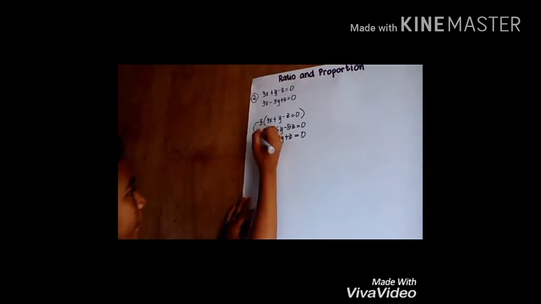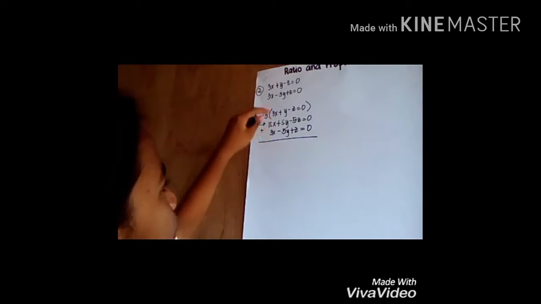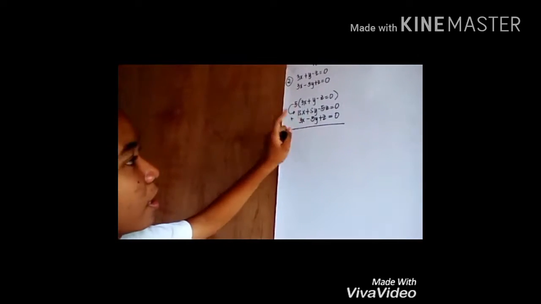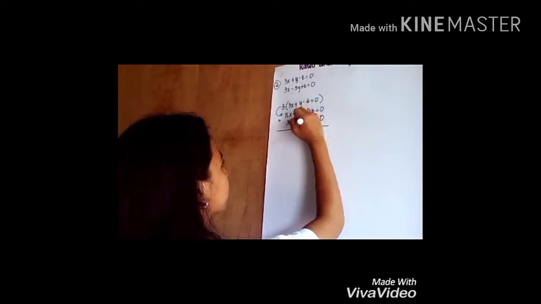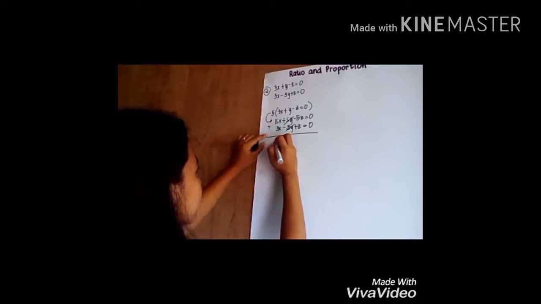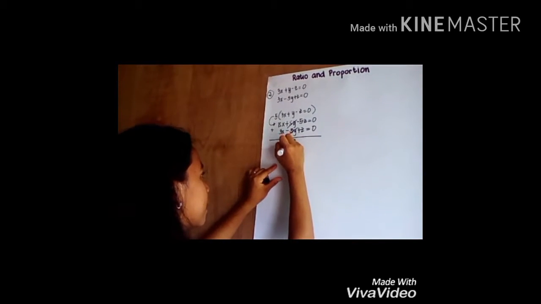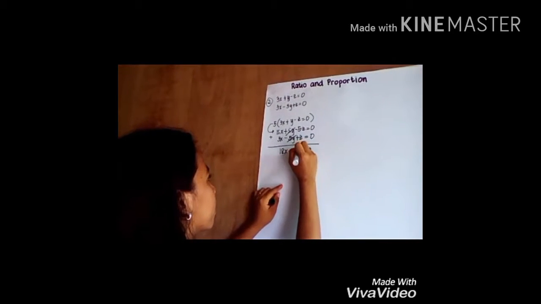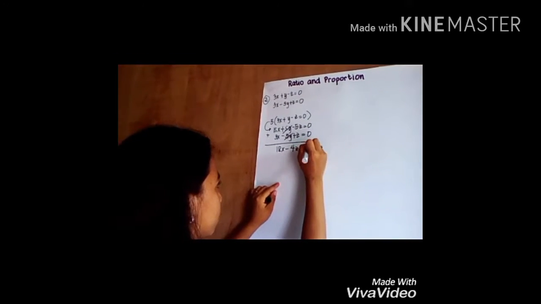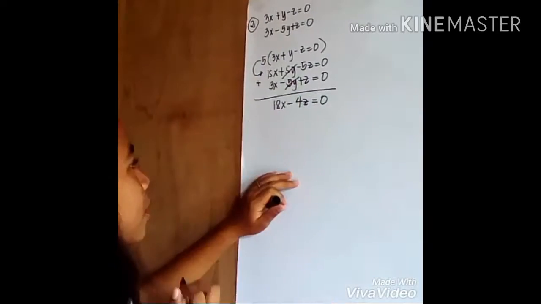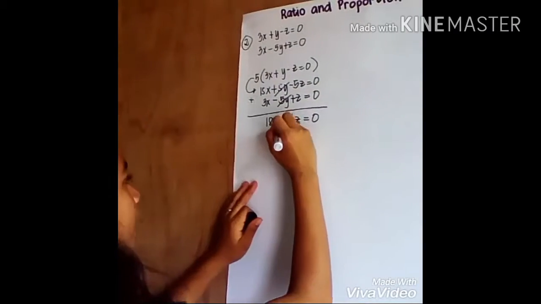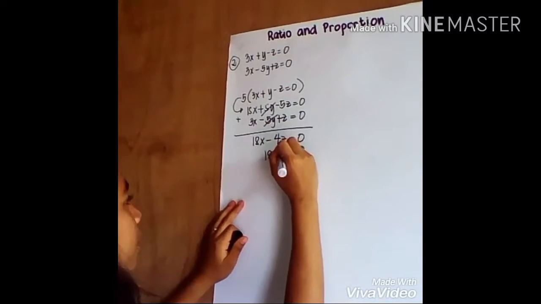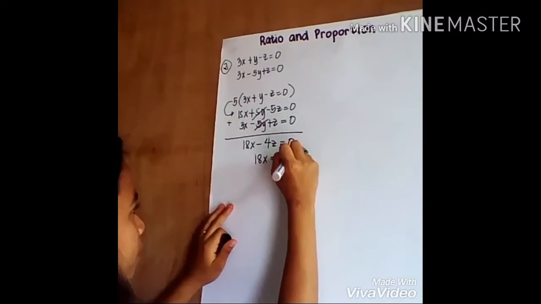Then add. So here we can see and we can now cancel y. Then add 15x plus 3x is equal to 18x minus 4z is equal to 0. So now is the transposition method. 18x is equal to 4z.